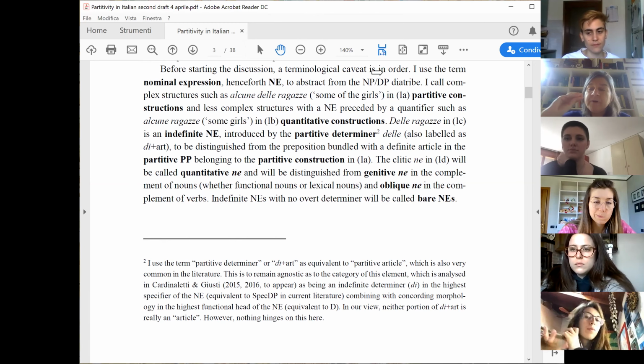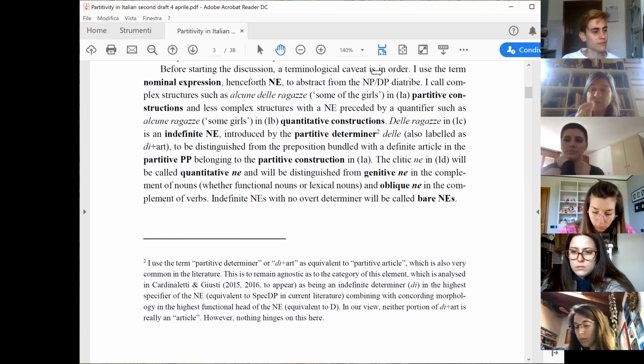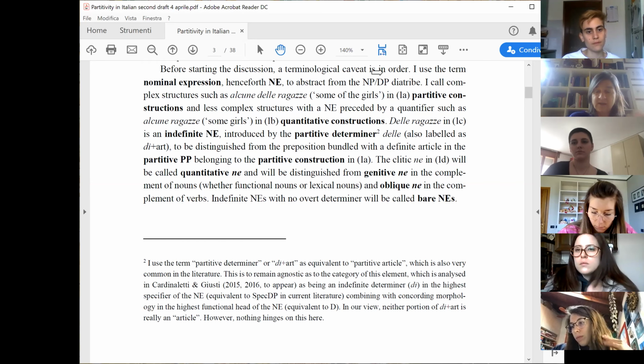Okay, while you are reading the paper, please go through and check whether I was really consistent in using these terms, because sometimes I noted in the previous version, I was not consistent.